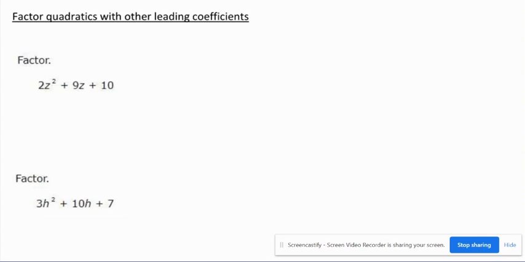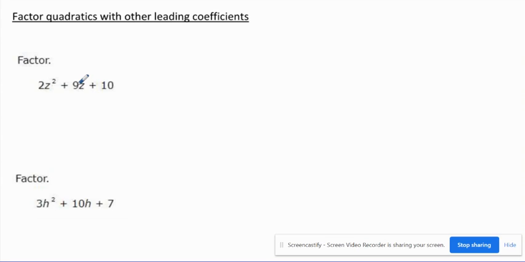So when this coefficient in front of our square term is not 1, right? This is not 1 anymore, like our prior video, 2 prior videos ago. It helps to split this term into 2 terms that are compatible with 2 and 10. But if you're struggling figuring out, well, how do I know how to split 9 up?